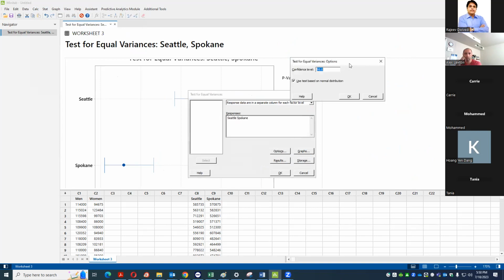When do we use the normal distribution? Let's say you have two samples, one with a sample size of 20 and one with 10, then we cannot use this, because you need to remember the normal distribution condition.